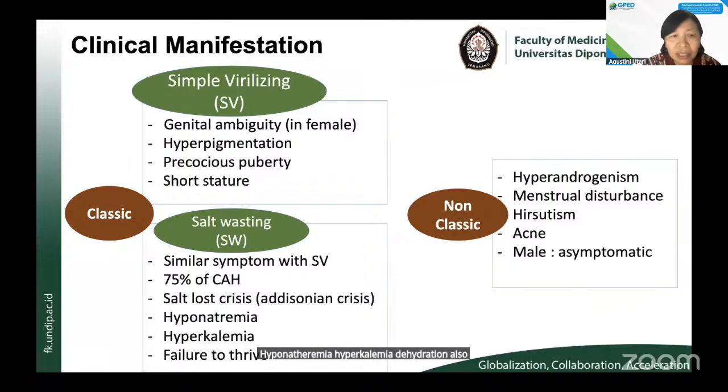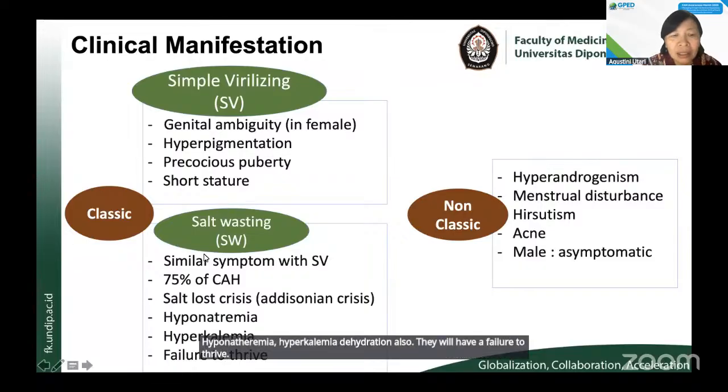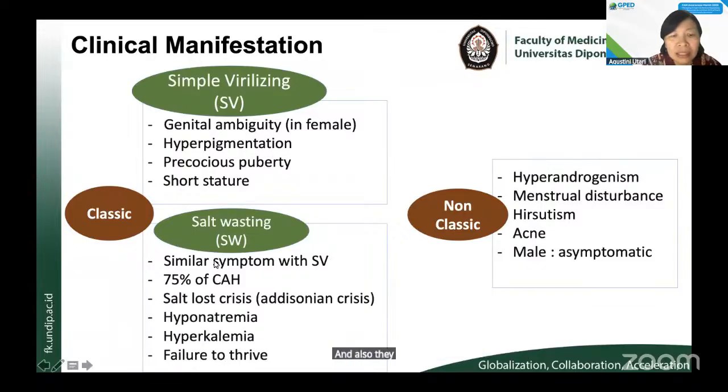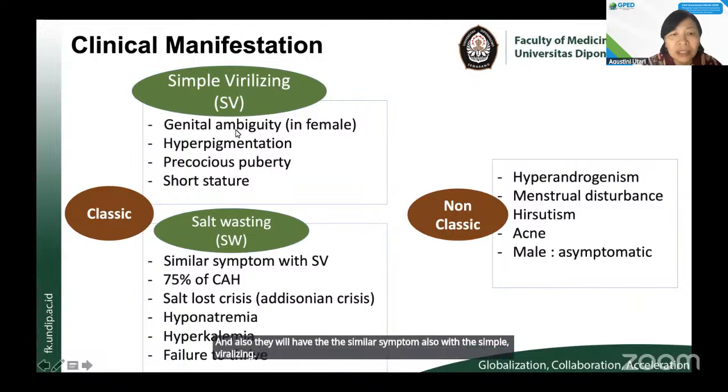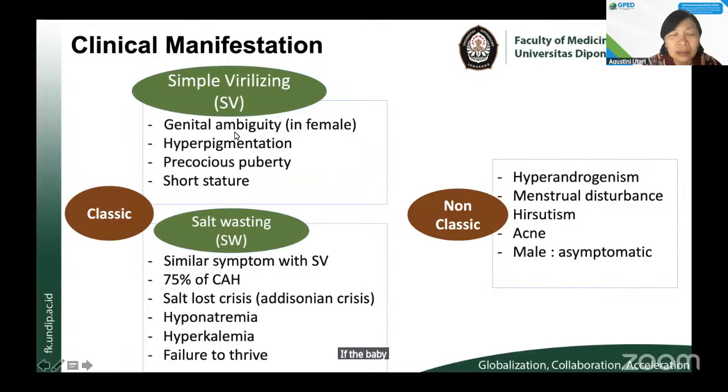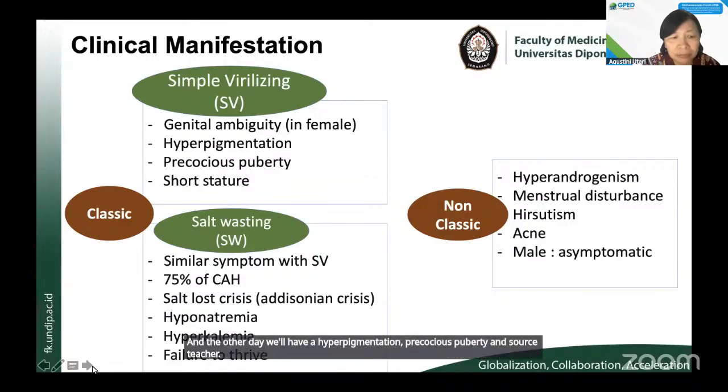They will also have failure to thrive, and similar symptoms to simple virilizing. If the baby is female, 46XX, they will have genital ambiguity. The others will have hyperpigmentation, precocious puberty, and short stature.